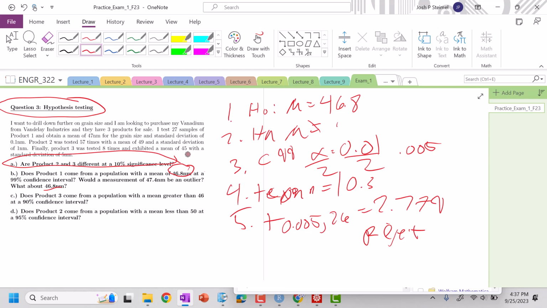So let's say I assume, for example, that for product 1 this is our mean and the standard deviation is such. So I can say if we are 47 plus or minus 0.3, if we're larger than that, then we can treat it as an outlier. So by this definition, this would not be an outlier. Actually, excuse me, this would be an outlier here. This would not.